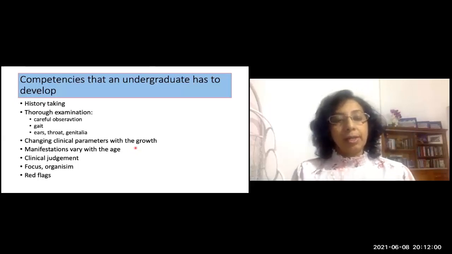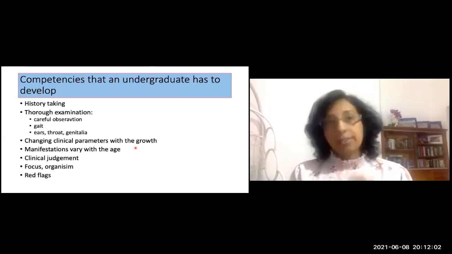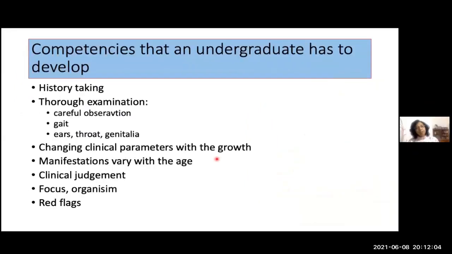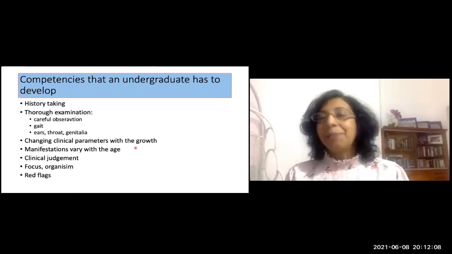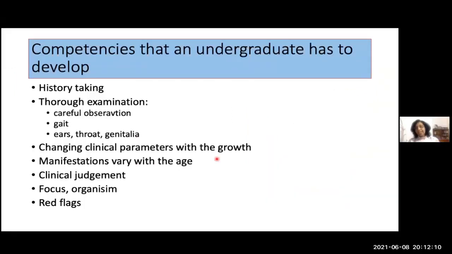Right. And the clinical manifestations of various illnesses also change with age. For example, the bulging anterior fontanelle in meningitis is just limited to infancy. It's not there in an older child, right?